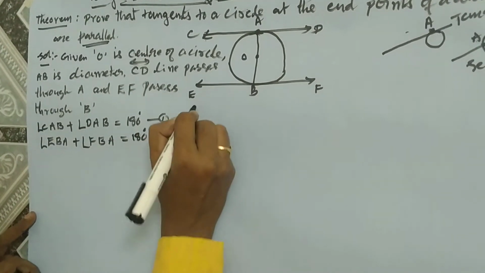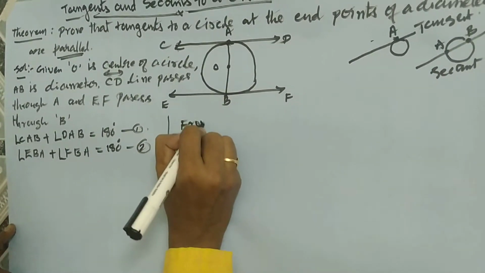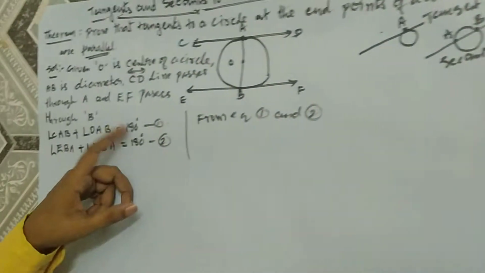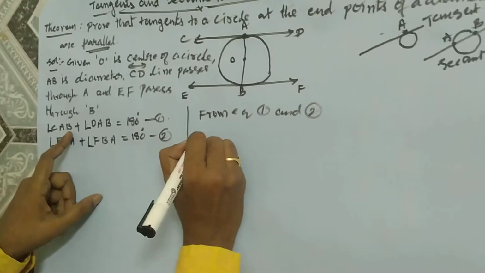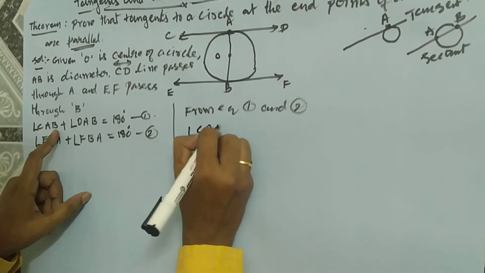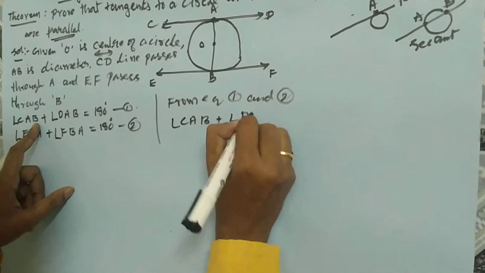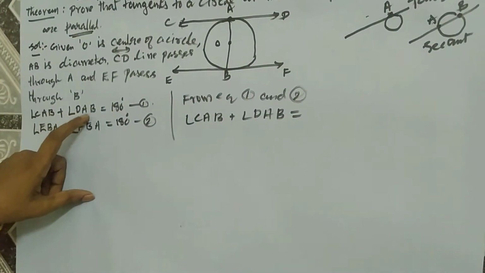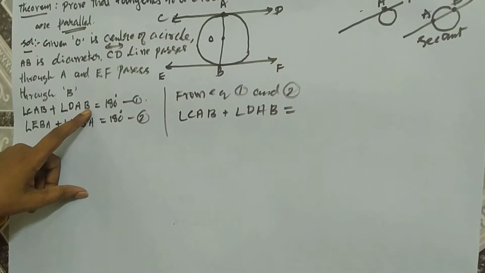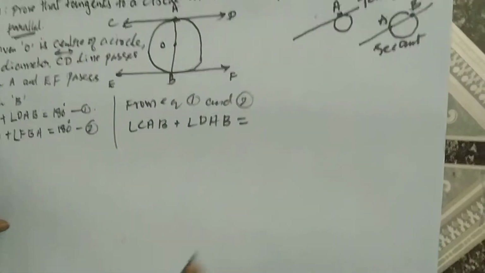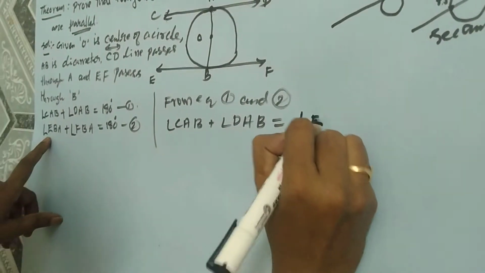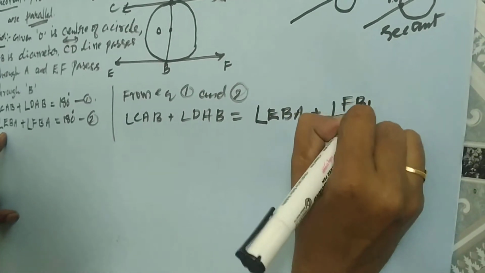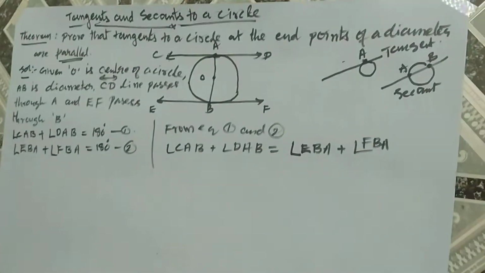This is equation 2. From equations 1 and 2, both are 180. Therefore, angle CAB plus angle DAB, as well as angle EBA plus angle FBA, all these are equal.